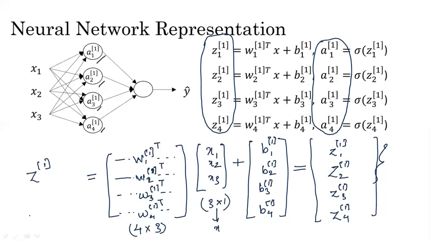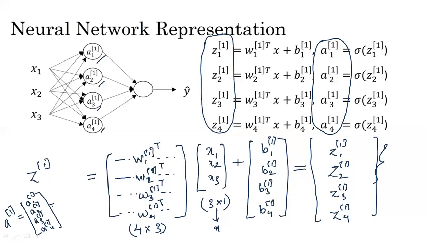So for writing the values of a, I can write it as small a superscript square bracket 1, and that would be equal to a11, a12, a13, a14.